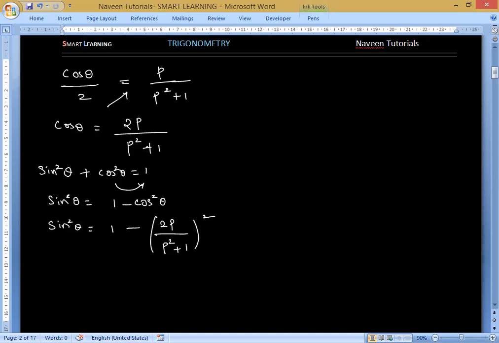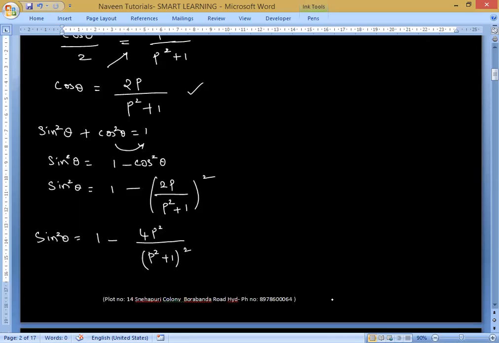I'm substituting the value of cos theta, which is 2p by (p square plus 1). Then sin square theta is equal to 1 minus 4p square by (p square plus 1) whole square, since I am squaring both numerator and denominator.